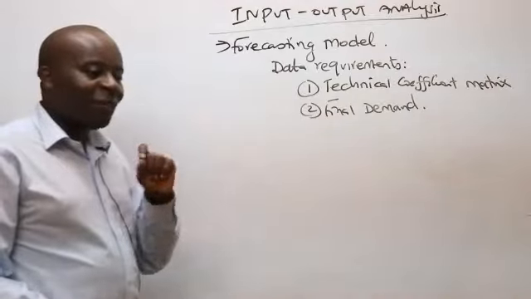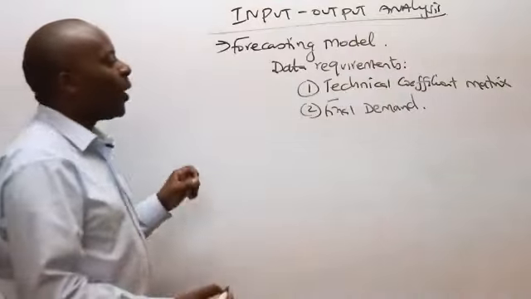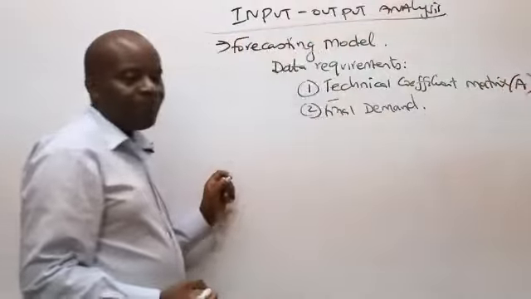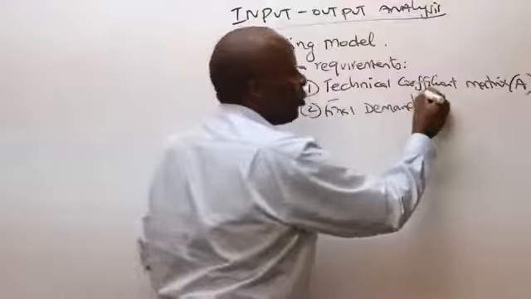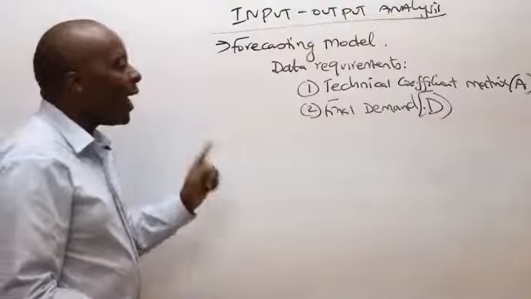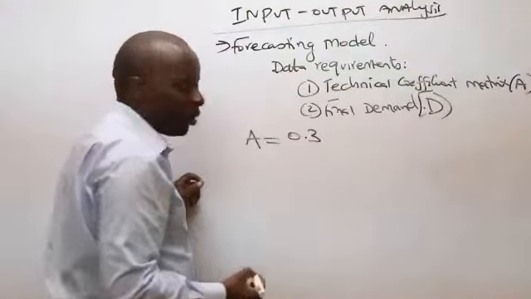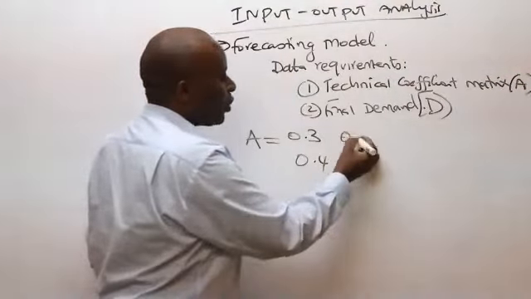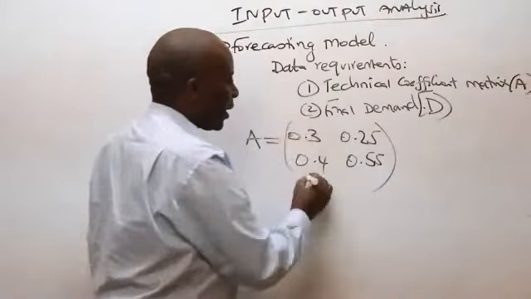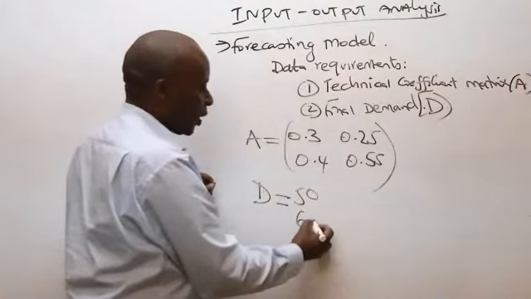Even before I define these things, I want you to know from today that the technical coefficients matrix will always be called matrix A, and the final demand matrix will be called matrix D. Say A is given as 0.3, 0.4, 0.25, 0.55, and the final demand is given as 50, 60.